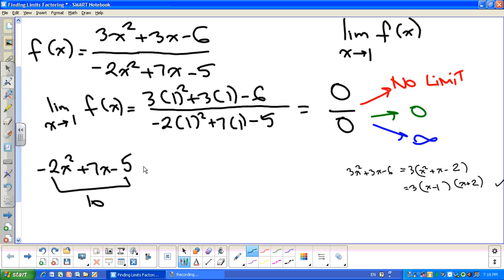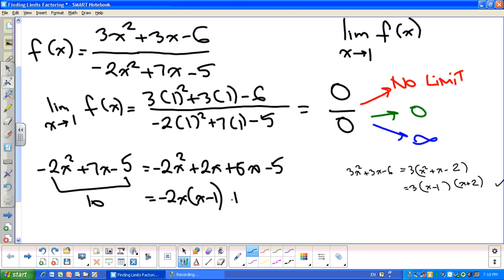2 and 5. So that helps me to break down the middle term into positive 2x and positive 5x minus 5. So first two terms, I group them. My common factor is negative 2x, x minus 1 plus 5, x minus 1. Look how lucky we are. X minus 1, x minus 1 common factor.